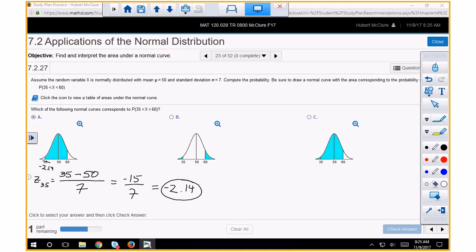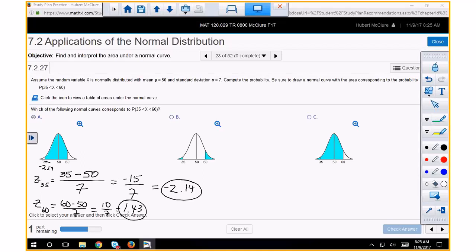And you want to go to 60, so z sub 60 is equal to 60 minus 50 over 7, which is equal to 10 over 7, which is equal to 1 3/7, which is what? 1.43. So now you've got the z-scores you need.